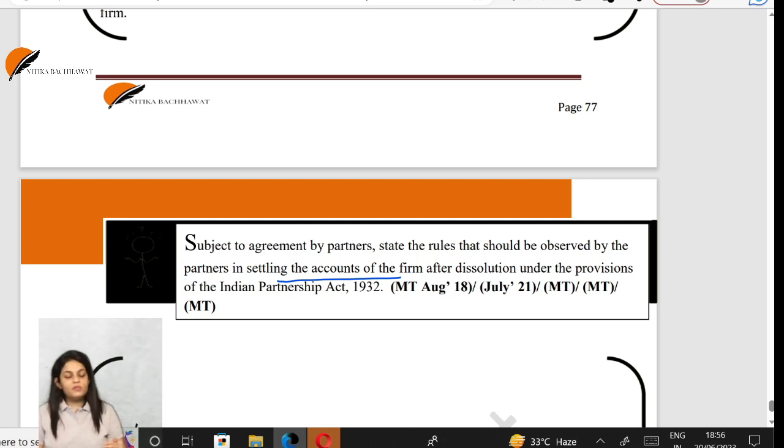In case the firm's assets are not sufficient to pay up the partners' capital, it's a deficit. And in case of deficit, the partners have to contribute personally to the assets of the firm in their profit sharing ratio. If a partner has both personal as well as partnership debts, his personal property will be first used to pay his personal debts and then his partnership debts.